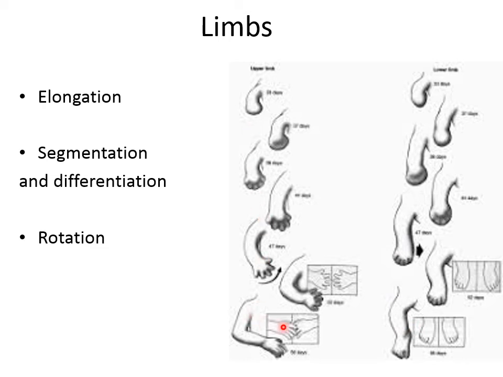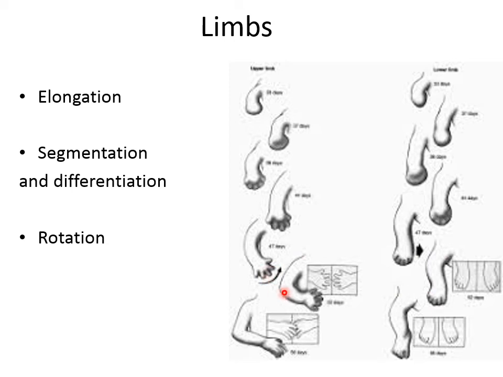And then rotation, the final step. In the upper limb: humerus, radius, ulna, and the digits. In the lower limb: femur, tibia and fibula, and the digits, and tarsus, metatarsus, and the phalanges of the foot. And then the rotation.